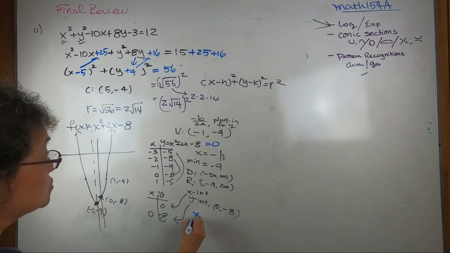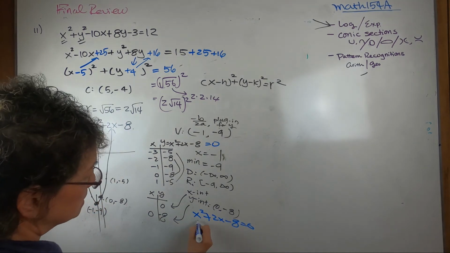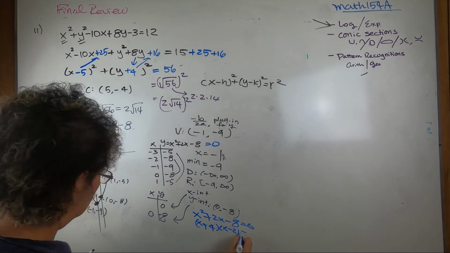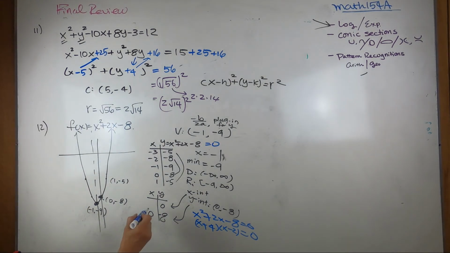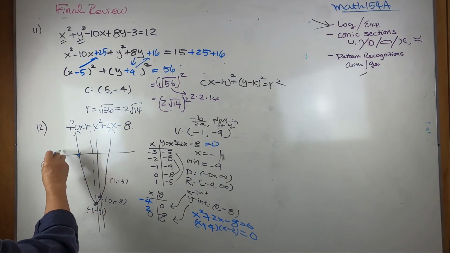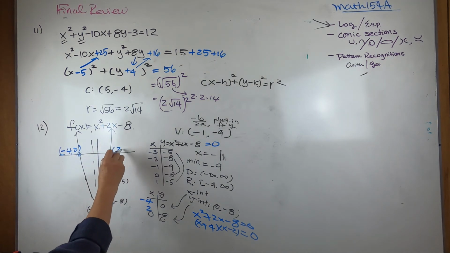So x squared plus 2x minus 8 is 0. Then x plus 4, x minus 2 is 0, right? So x is what? -4 or 2. So here is what? -4, 0. Here is what? 2, 0.